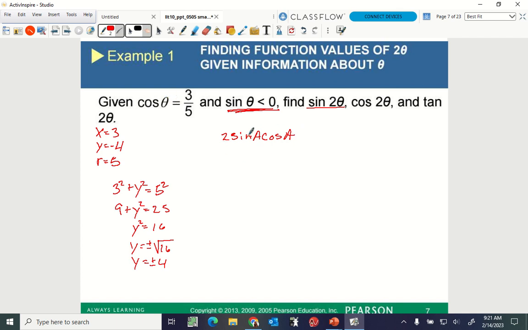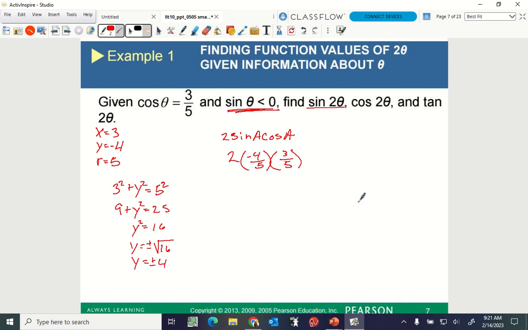So sine of this angle is going to be negative 4 over 5. Cosine of the same angle is positive 3 over 5.